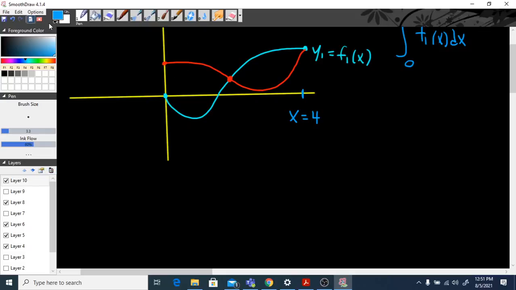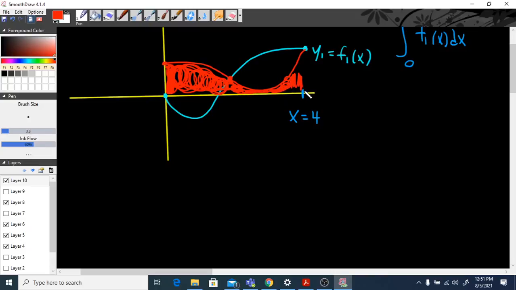Now for the second curve. The second curve is positive only. It never goes below the x-axis. So if we do this integral here, the area it's going to give us is the one that I am highlighting right now, just the red.